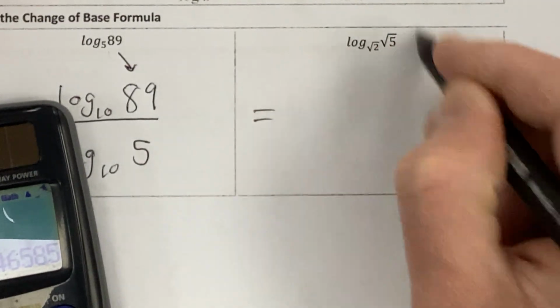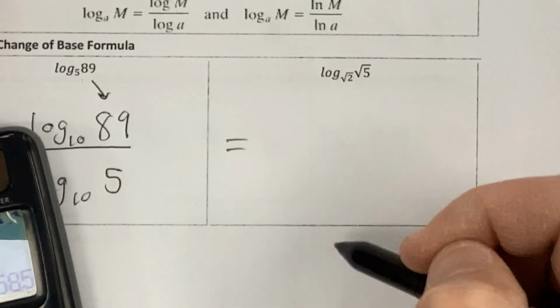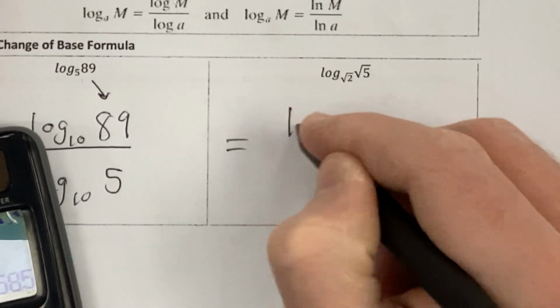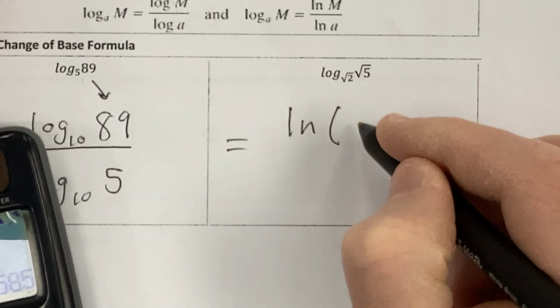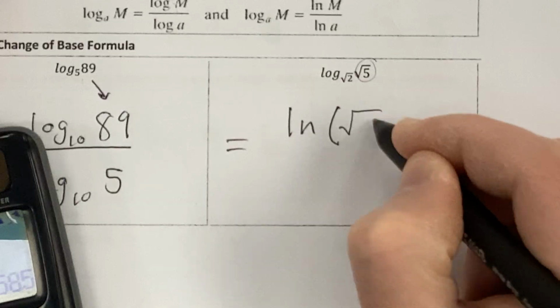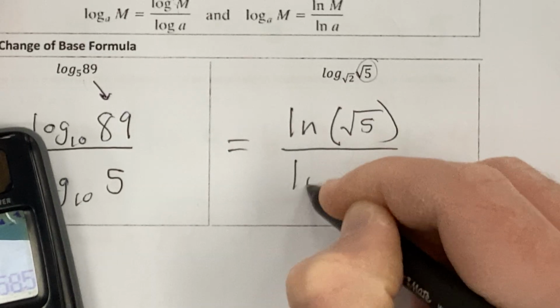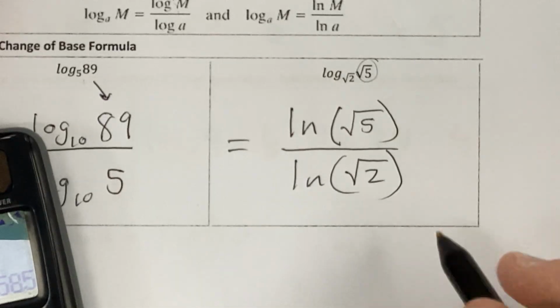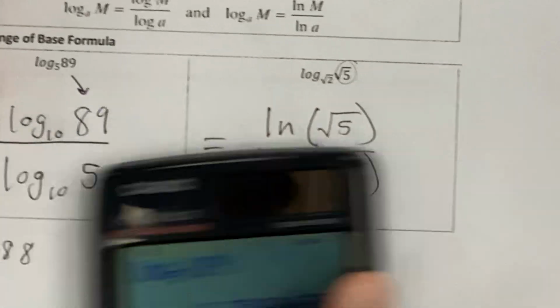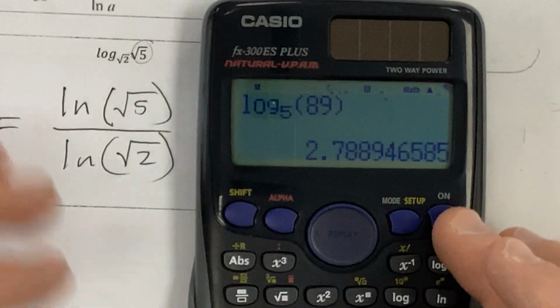Just to show one more, let's do this one. Ooh, it's ugly radicals. Just for fun, let's do it as natural log. We can do log base 10, but you can do natural log. Natural log of, and again, the number you want to find it at, root 5, over the natural log of the base you want to be in, root 2. Gotta have the same log on top and bottom to be clear, but it will always work.